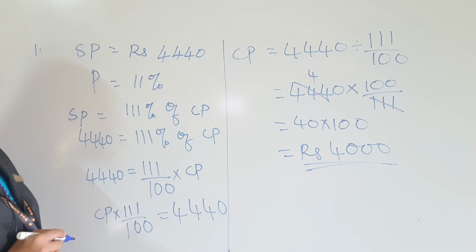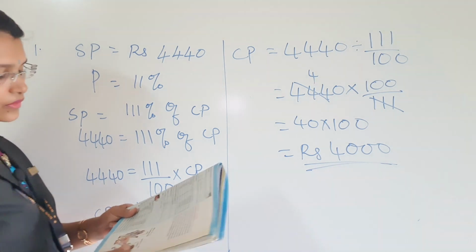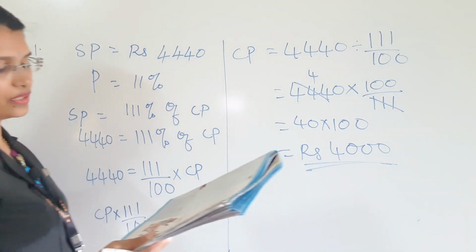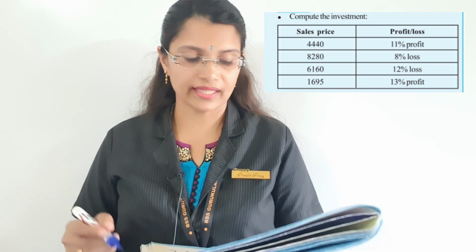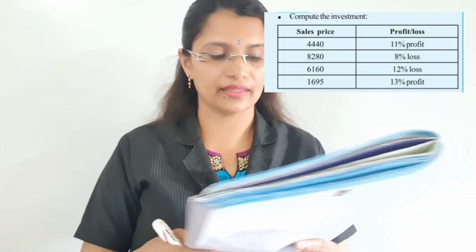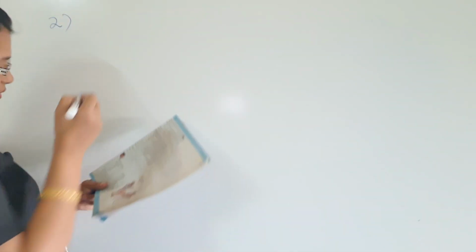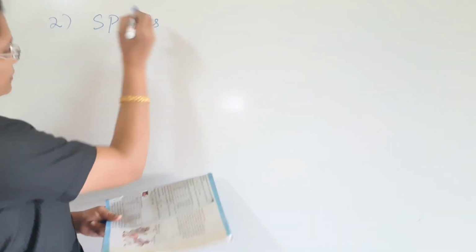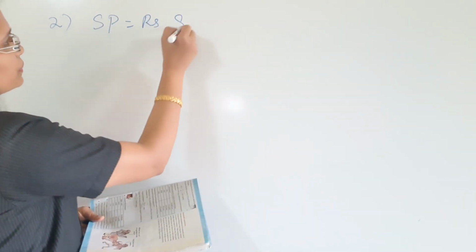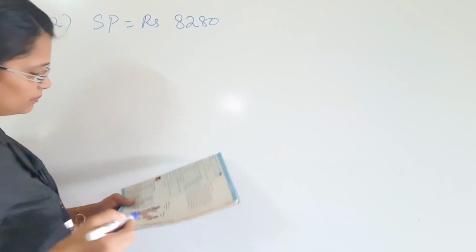In the same way, you can do second question, but there is loss only. Look at the next question, children. Sales price is 8280 and loss is 8%. So second question, selling price is equal to rupees 8280.